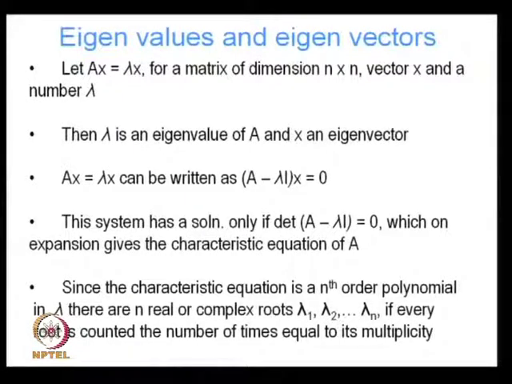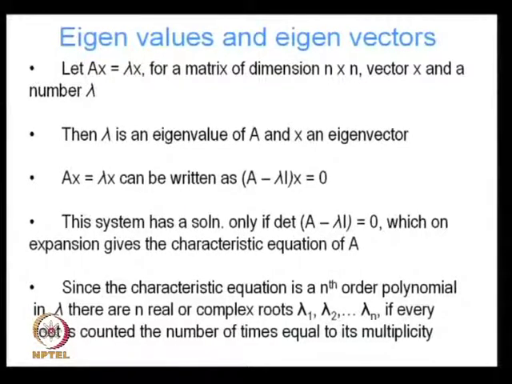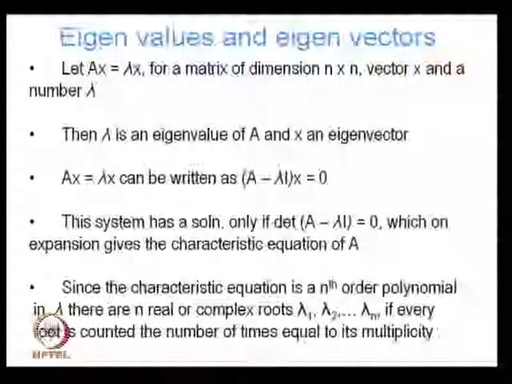Next, we wish to talk about eigenvalues and eigenvectors. Let Ax is equal to lambda x for a matrix A of dimension n by n, a vector x and a scalar lambda. Then lambda is an eigenvalue of A and x is an eigenvector of A. We can rewrite Ax is equal to lambda x as (A minus lambda I) x is equal to 0, where I is the identity matrix.